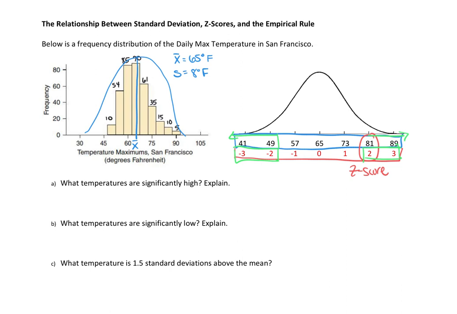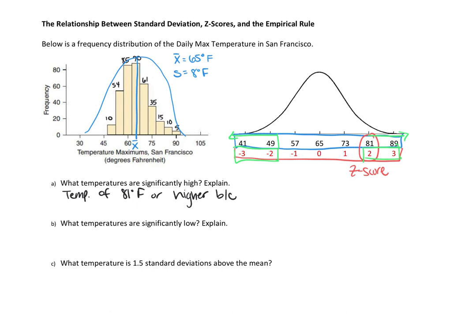We can see that temperatures that are 81 degrees Fahrenheit or higher are going to be those that are significantly high.